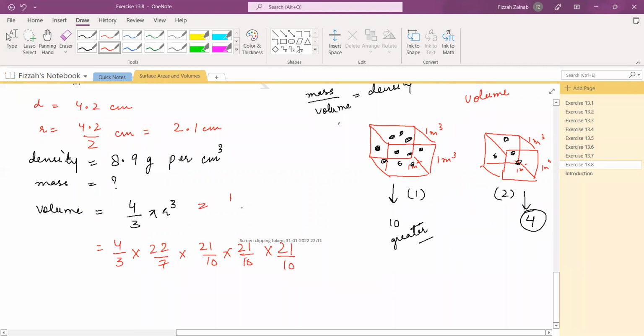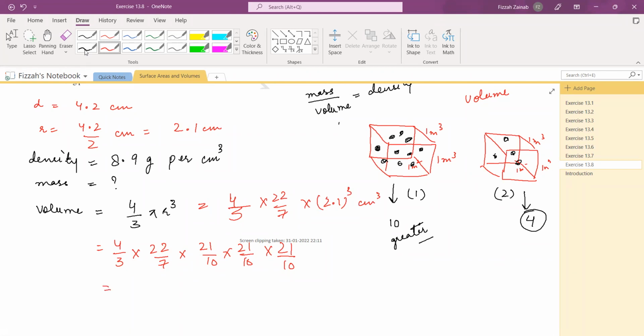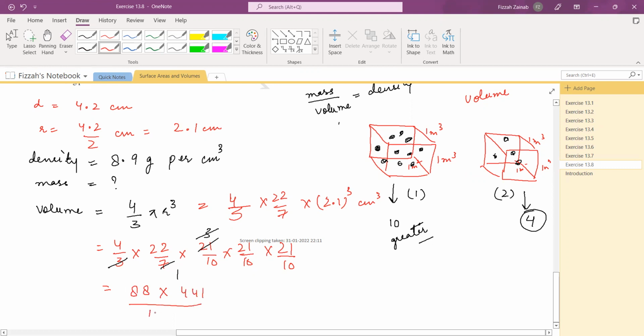Please don't skip your steps like me. So let's try to cancel it out. 7 into 1, 7 into 3, and then 3 into 3. So I'm getting 88 into 21 into 21, I think 441 we are getting, right?